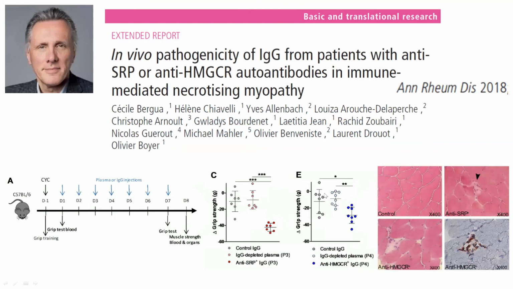And to complete the story, my very good friend Olivier Boyer, who is an immunologist in Rouen, did the in vivo part of the story, and he passively transferred the antibodies, coming once again from plasmapheresis, to mice.